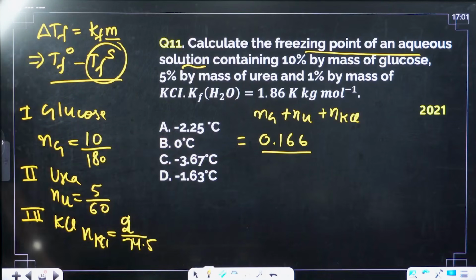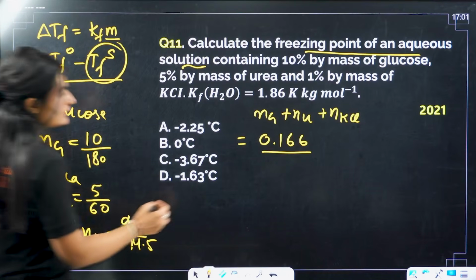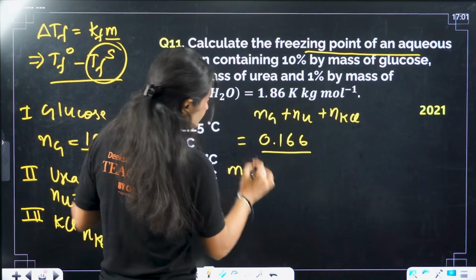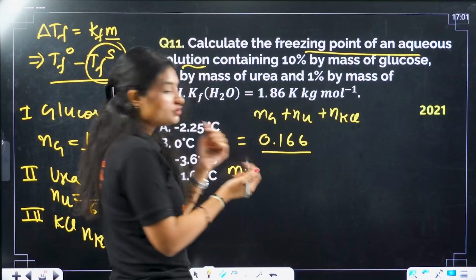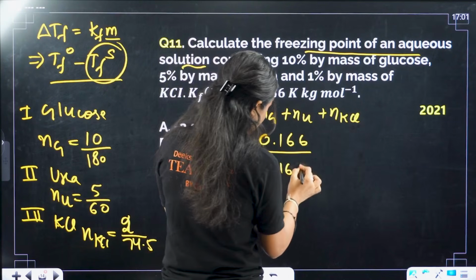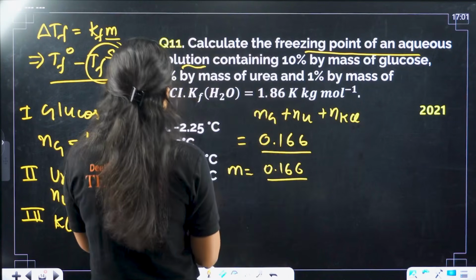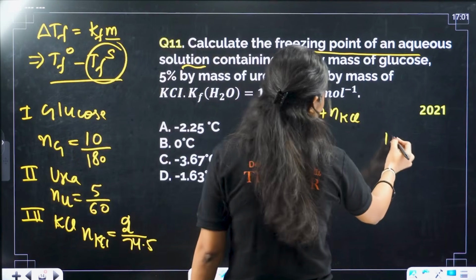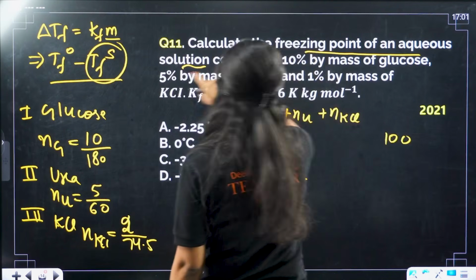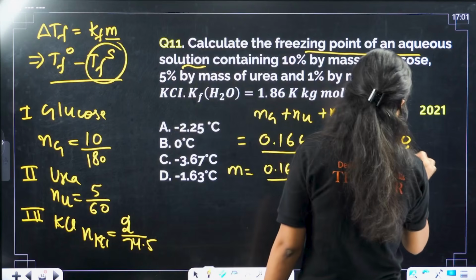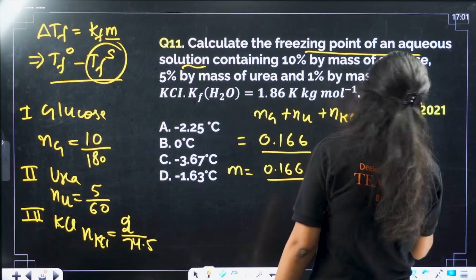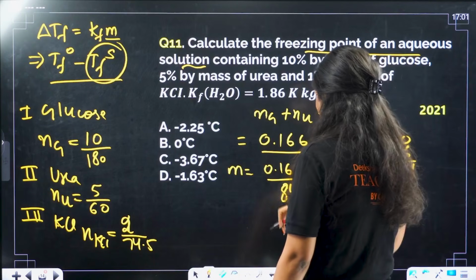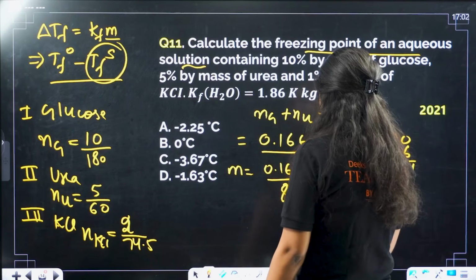You need to calculate the molality, right? So if you calculate the molality, that is the number of moles present in how much? Weight of solvent. How much is the solvent? If we take total 100, then 10, 5, 1 is gone, so 84 times 1000.